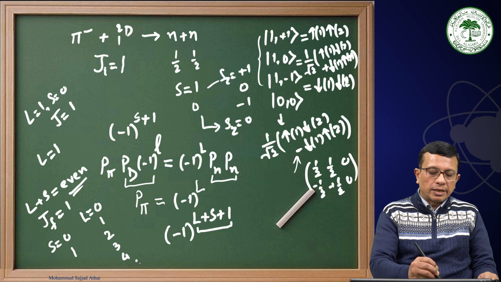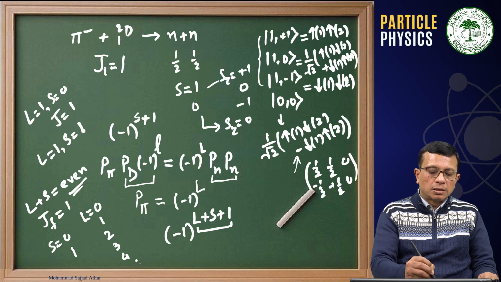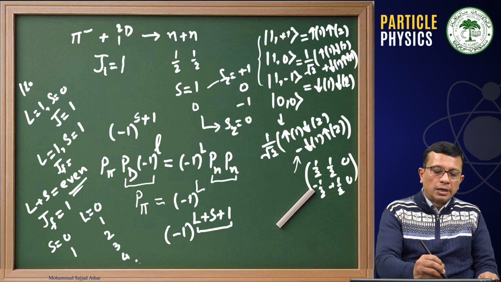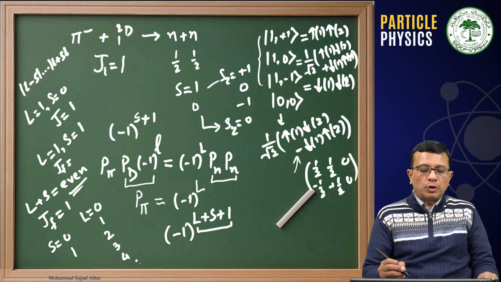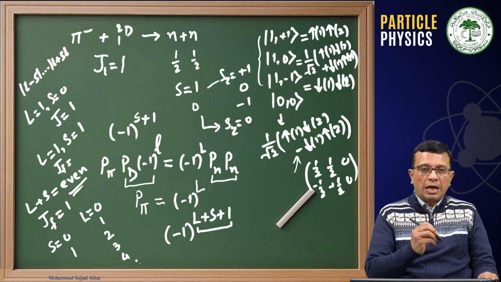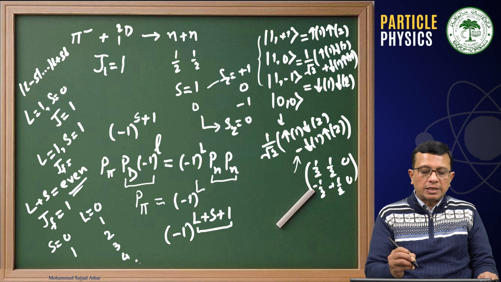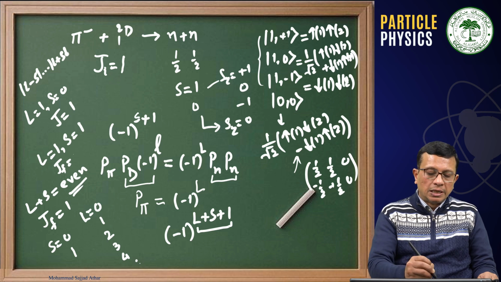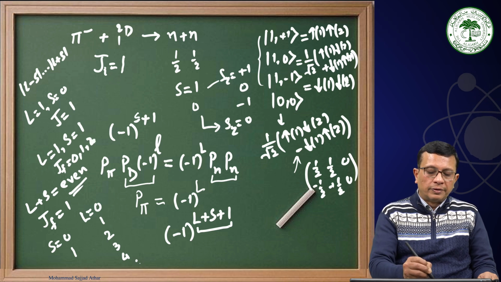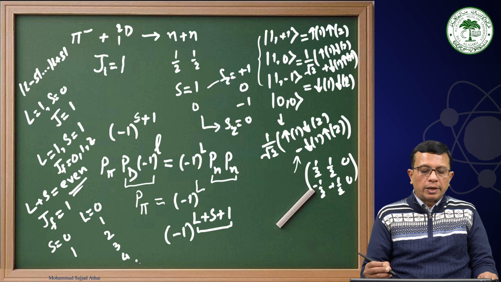Let us take another case. L is 1, S is 1. This will give us Jf from L minus S to L plus S. Recall the angular momentum algebra. The possible values will go from L minus S to L plus S in steps of unity. Therefore, the possible values are 0, 1 and 2.